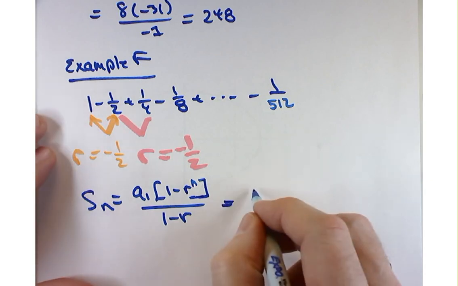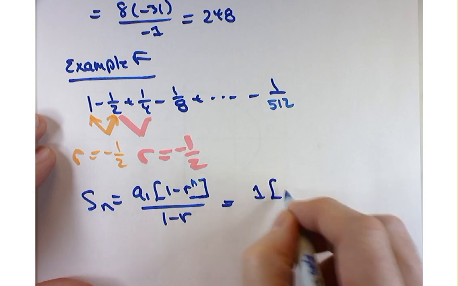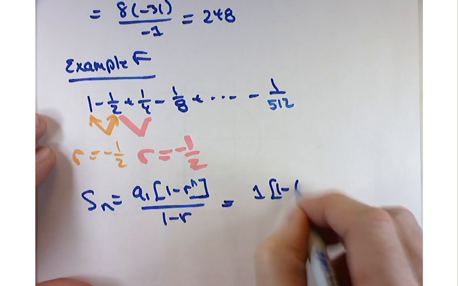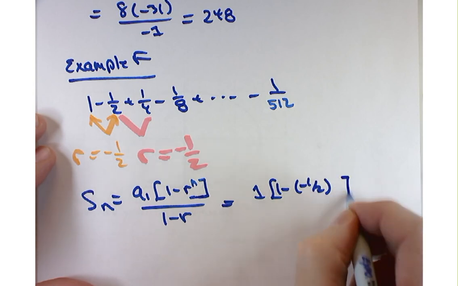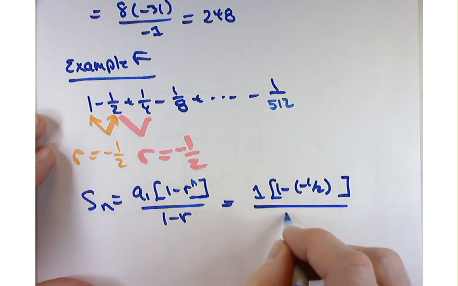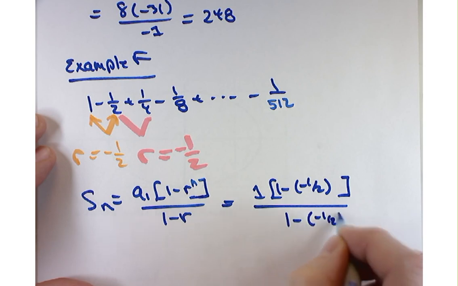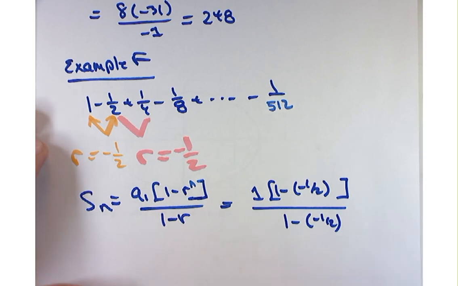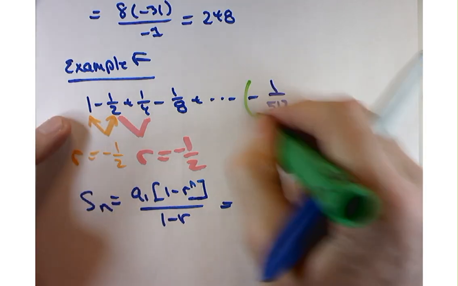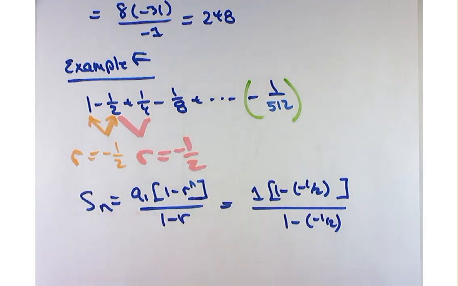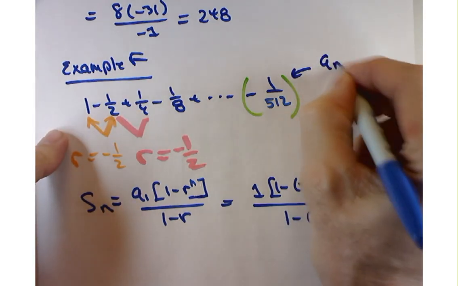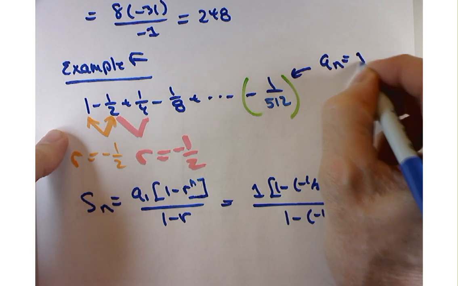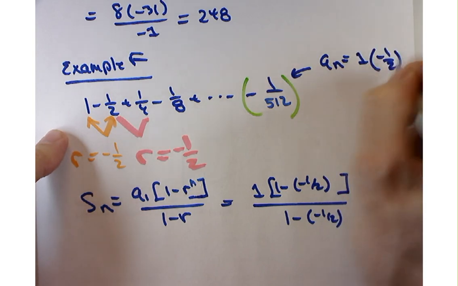I know what A sub 1 is, it's 1. I know what r is, it's negative 1/2. What don't I know? Yeah, I need to know what n is. So n is the value that's going to give me this last term. And that last term has to be in the form A sub n equals 1 times negative 1/2 to the n minus 1.